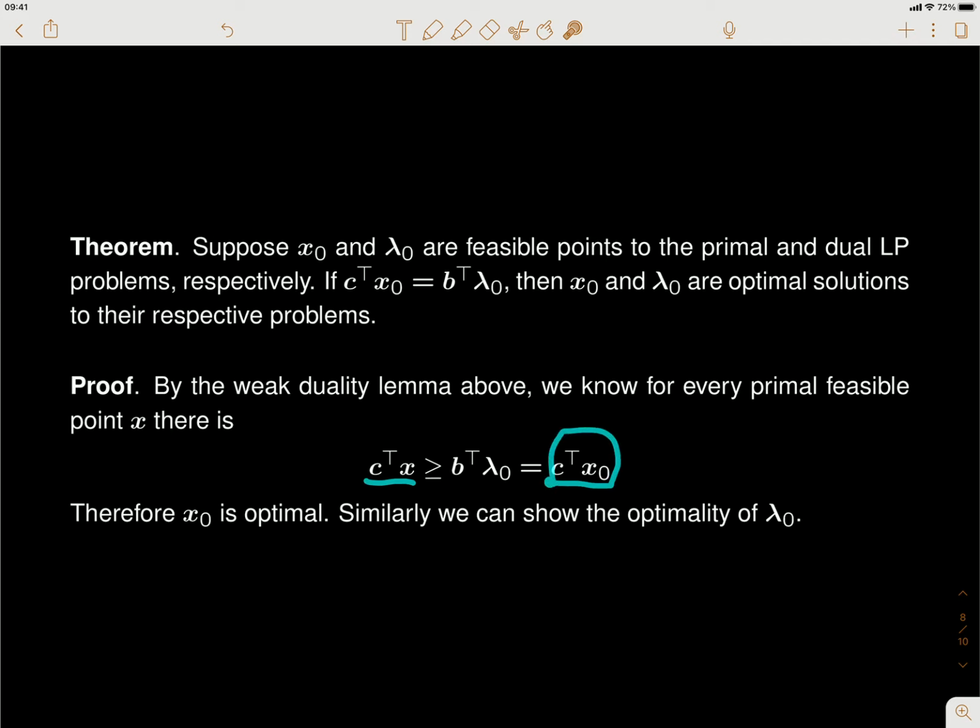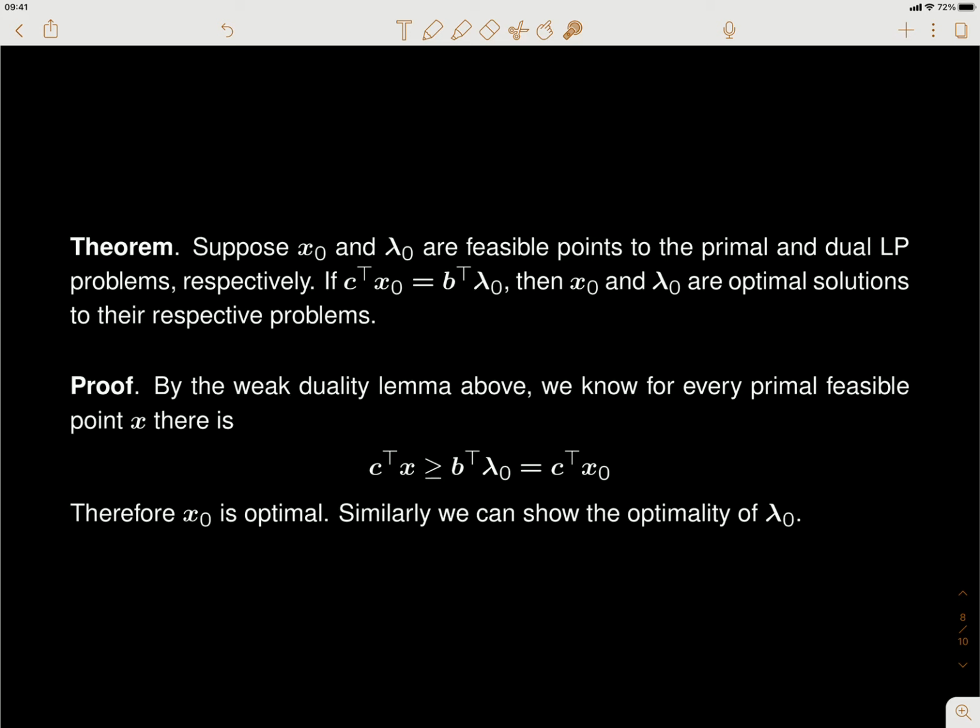But this means x0 reaches the minimum value of the objective function, because it is less than or equal to the objective value at any feasible point. So that is the minimum function value, and that means x0 is optimal.